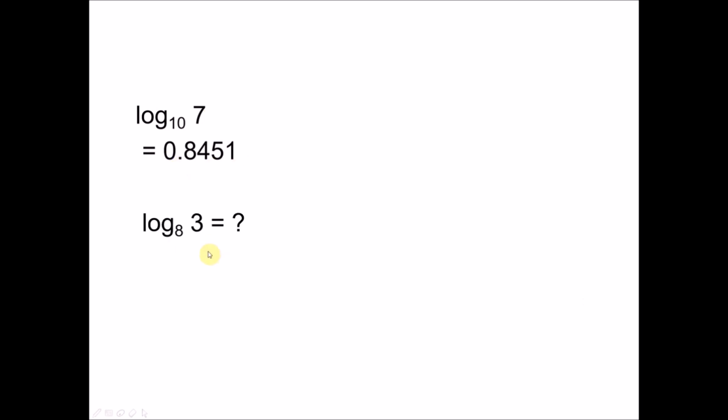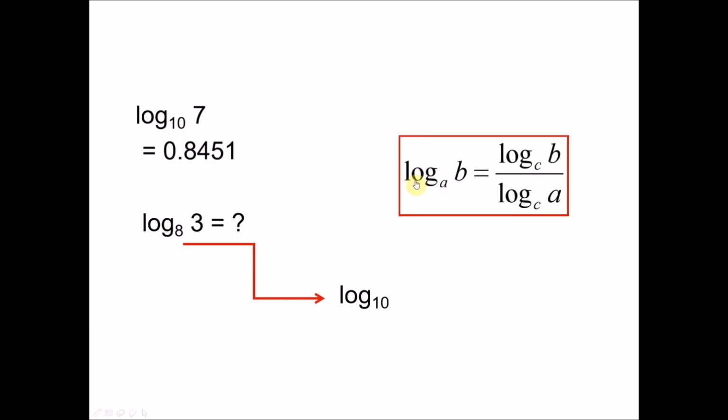When you are given this, not all the calculators, especially those which only have the function of log base 10, can find the value. So when this happens, we can try to convert or change the log with the base 8 to the log with base 10 by using this formula, which is log base a of b equals log base c of b over log base c of a.